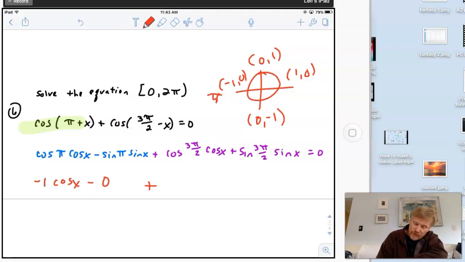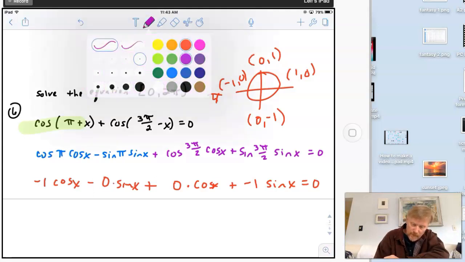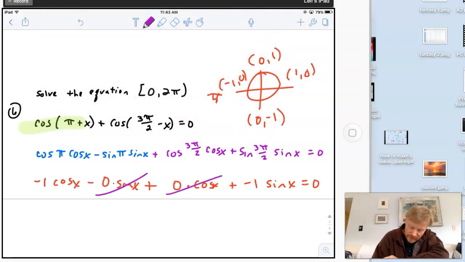Next I got cosine of 3 pi over 2, that's 270 degrees, 3/4 of the way around. The x coordinate there is 0 times the cosine of x. Sine of 3 pi over 2 is the y-coordinate of 270, which is -1 times the sine of x. So this whole thing is supposed to cancel out eventually, huh? So this is gone, that's gone.